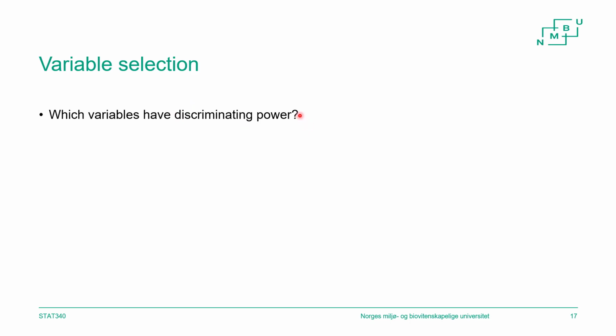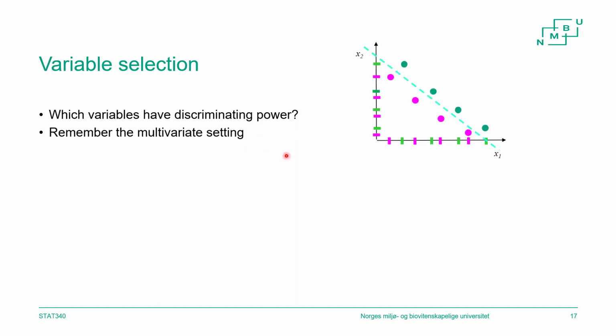Which variables carry the information about classes. And remember the multivariate setting that we saw previously, that we should actually do this by considering all variables simultaneously here, right?